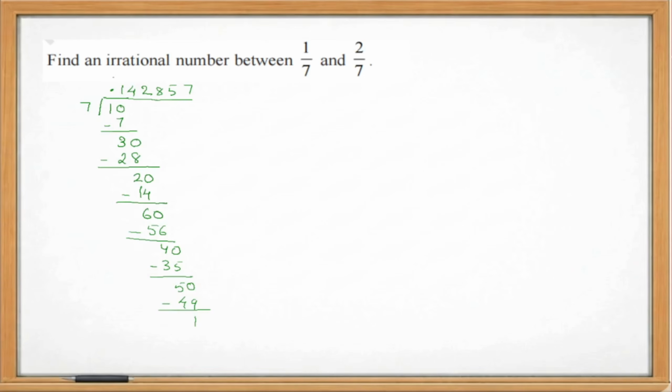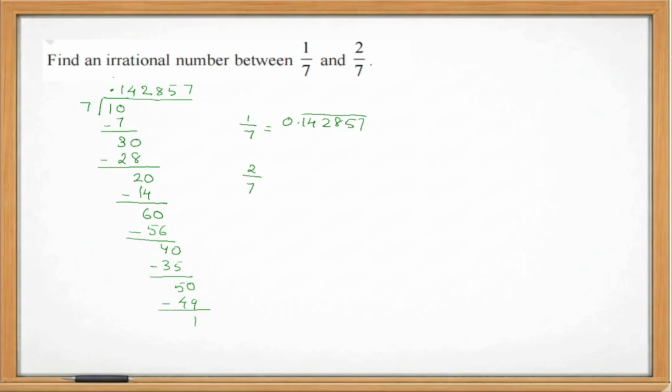So we'll write 1 by 7 is equal to 0.142857, this whole bar, since after this number it's going to repeat. Then we have to find the decimal expansion of 2 by 7. How do we find it?